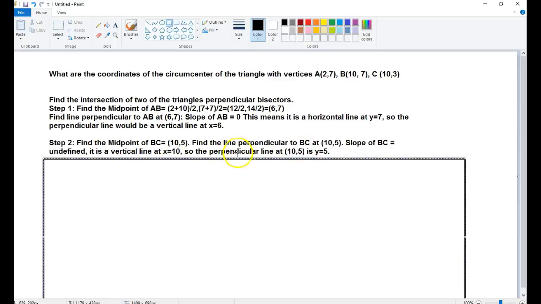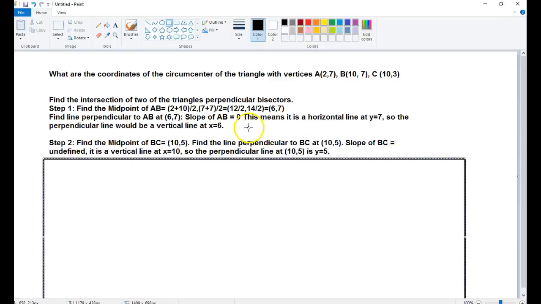So the perpendicular line at 10, 5 is going to be y equals 5. So we have the vertical line x equals 10 and we're at the point 10, 5. The horizontal line y equals 5 would be perpendicular to the line x equals 10.